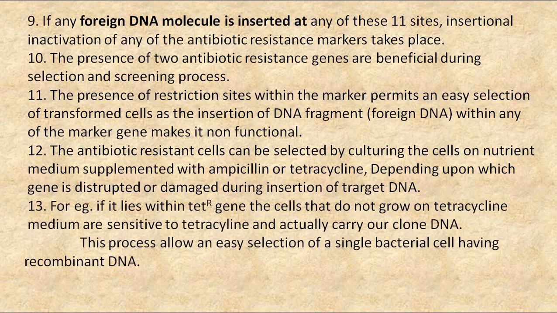For example, if it lies within the tetracycline gene, the cells that do not grow on tetracycline medium are sensitive to tetracycline and actually carry our cloned DNA. This process allows an easy selection of a single bacterial cell having recombinant DNA.